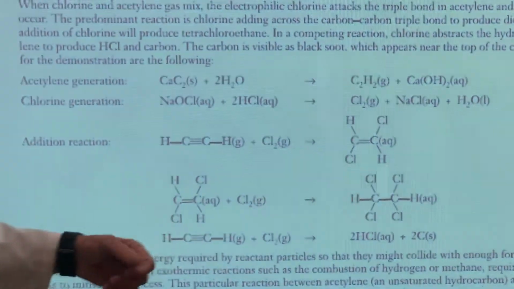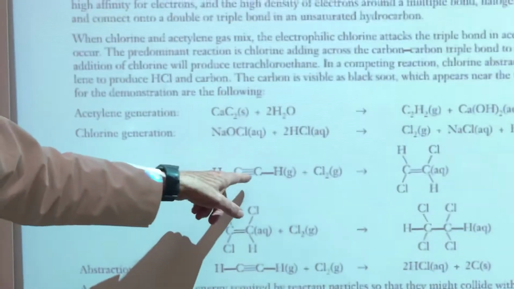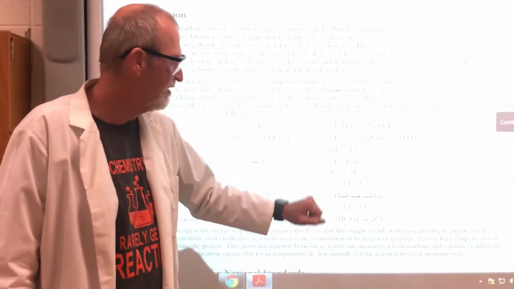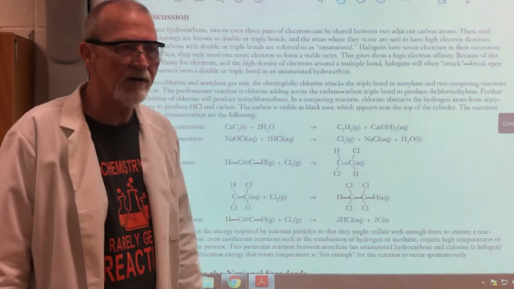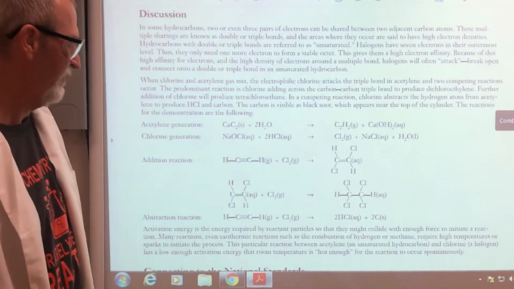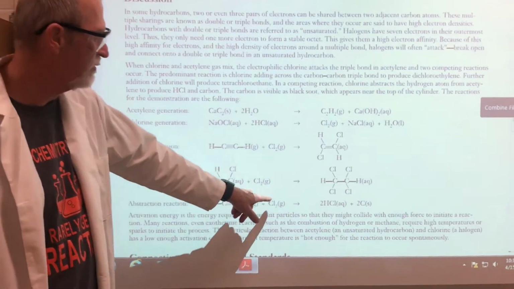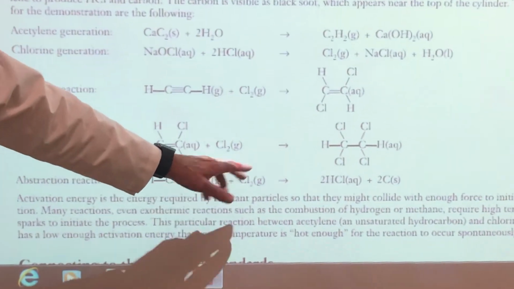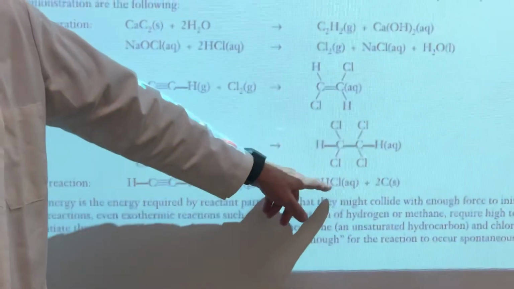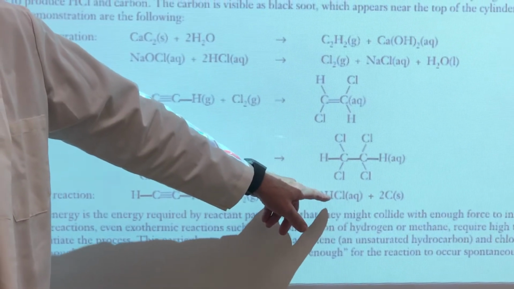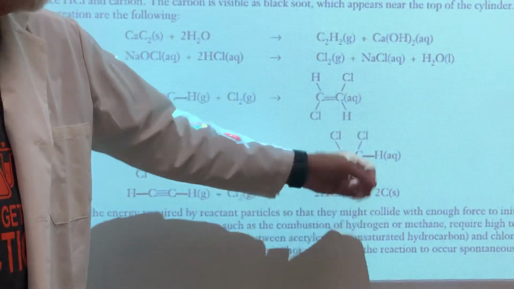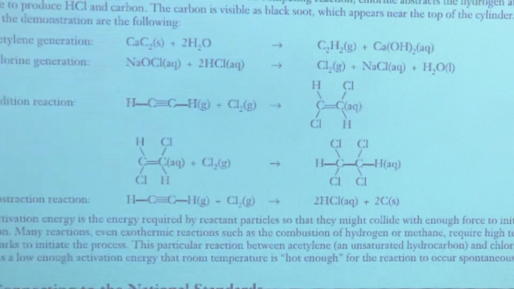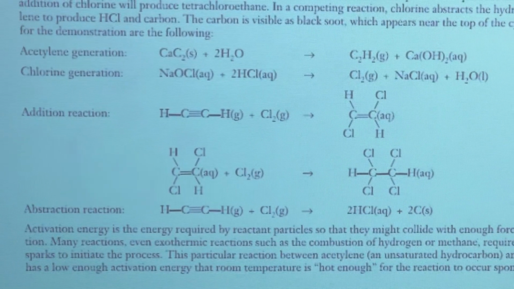Remember, triple bonds have a yne suffix, double bonds have an ene suffix, and single bonds have an ane suffix. Anyway, this is your final reaction. You're going to see the product produced. We're going to generate some more hydrochloric acid. There'll be some little soot-like particles, which is the carbon reaction there.